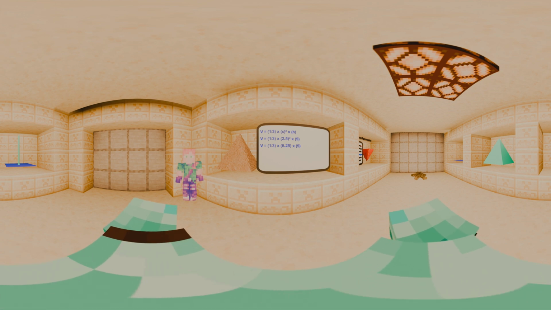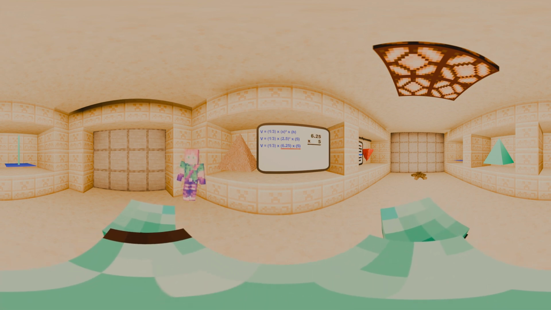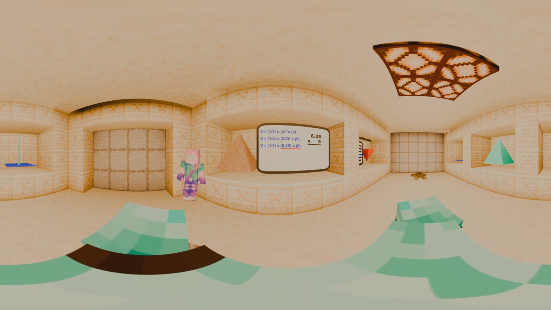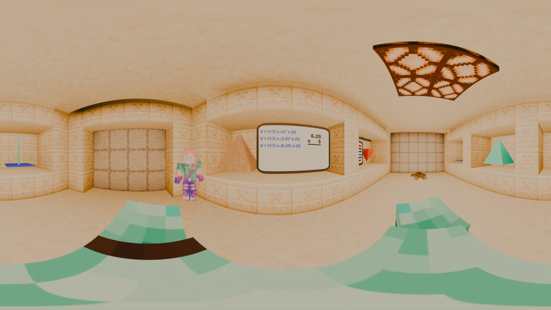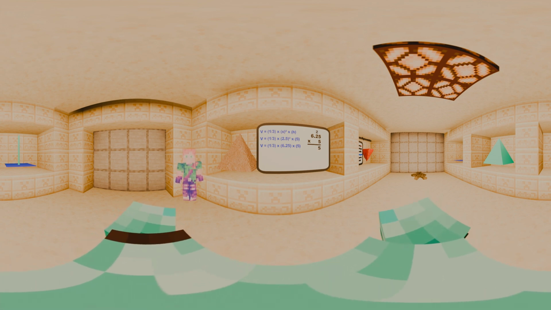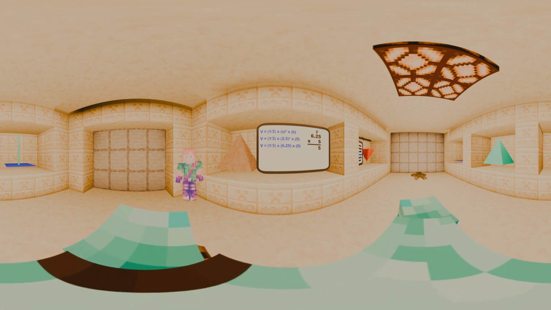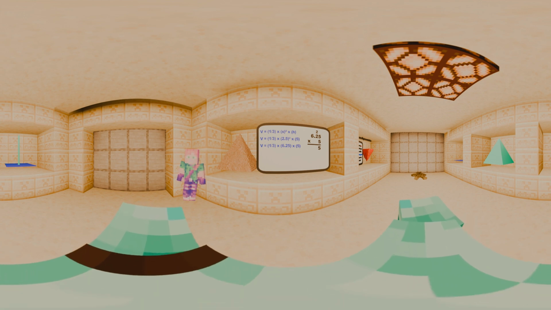Now, let's multiply all the values. We will multiply 6.25 and 5 first. 5 times 5 is 25. Put 5 below and add 2 to the next value. 2 times 5 is 10. Then add the carried 2. It is equal to 12.